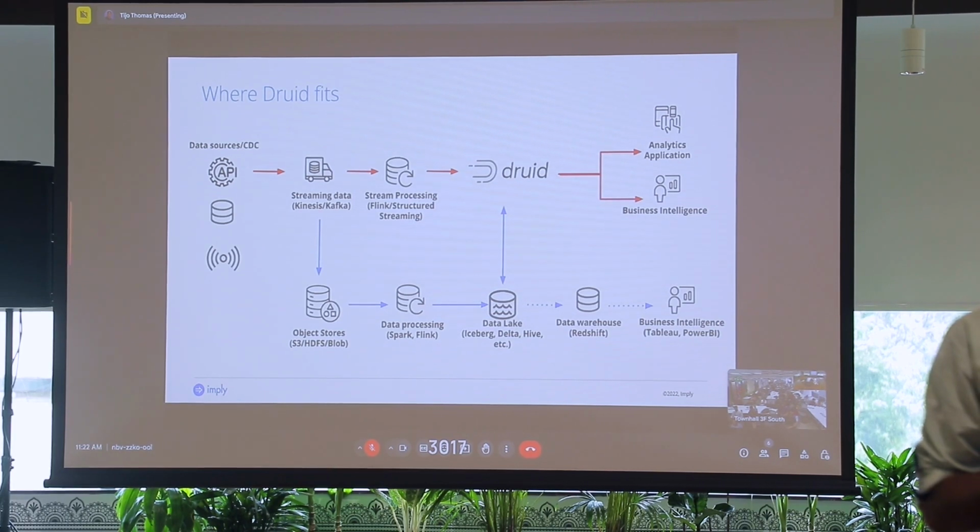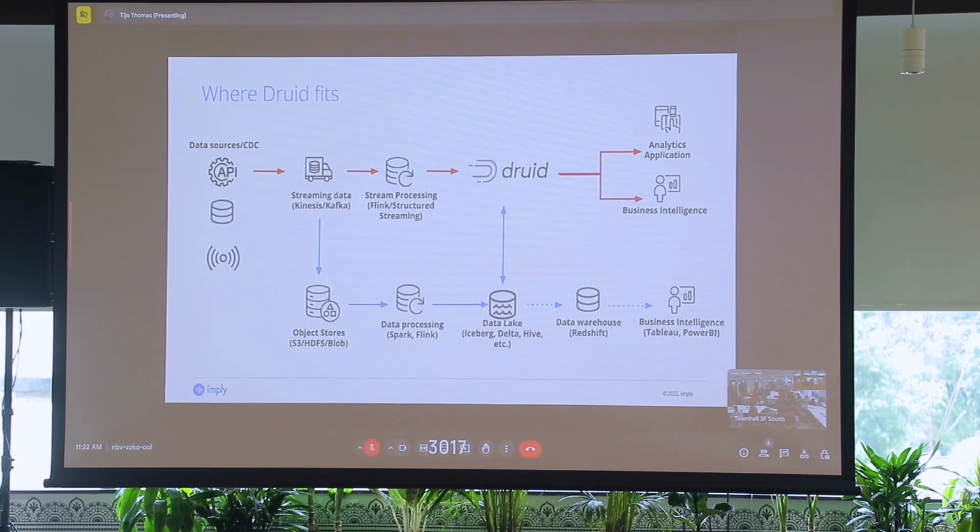It may practically not be possible to store the data in S3, or in memory, or in both places, or even on disk, and answer the queries at very high concurrency. So we need a database there. That's the primary requirement where Druid fits in.